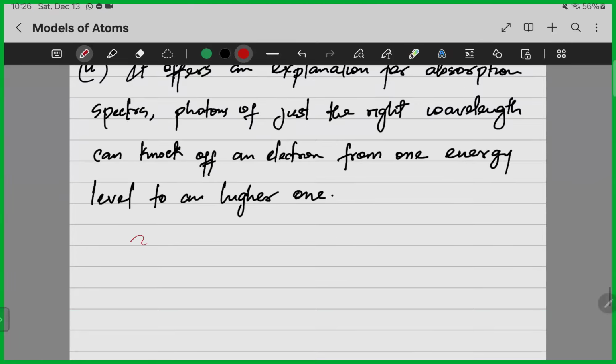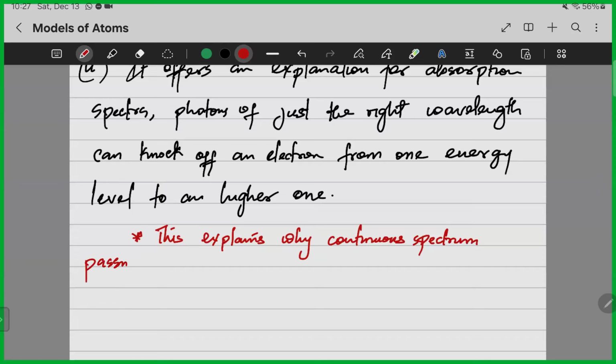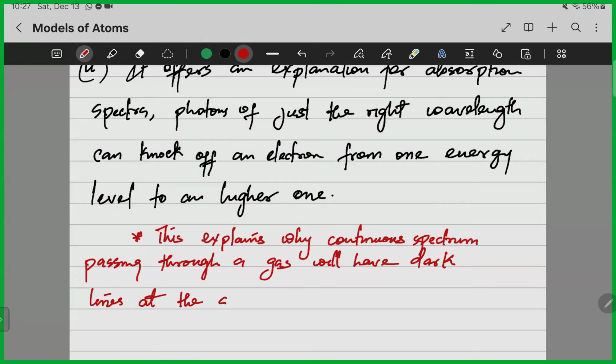Now, let me write it in red. This point two, this point we have just made, explains why a continuous spectrum passing through a gas will have dark lines at the same frequencies as the emission lines.